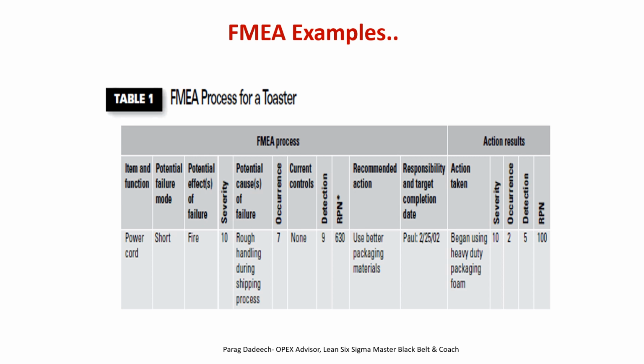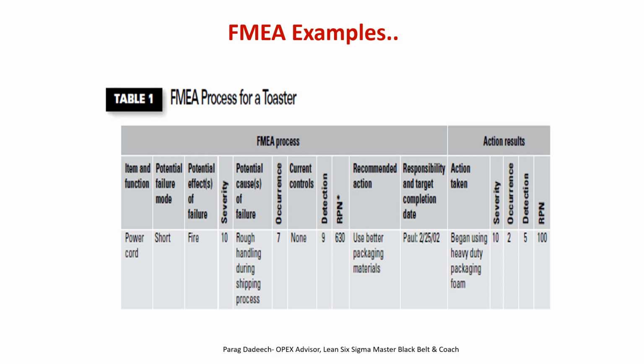In this particular example, the severity, however, remains the same because in case of failure, the effect will be fire. It is not going to change. So the severity remains 10. However, the occurrence of failure reduces significantly due to better packaging, so the occurrence rating is reduced to 2.